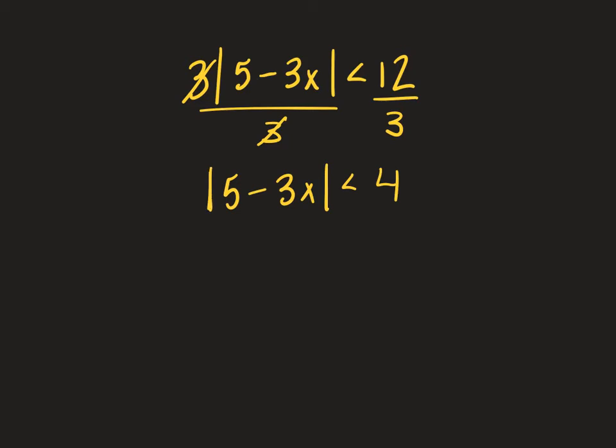All right, so then we're going to do, just like we did before, we're going to write two inequalities. So we're going to have 5 minus 3x is less than 4. And then 5 minus 3x is greater than negative 4.